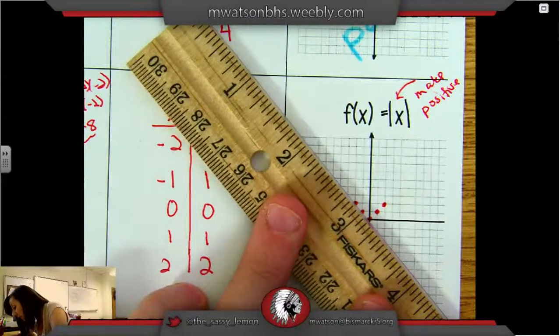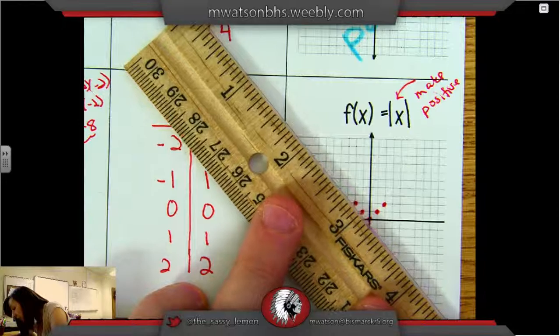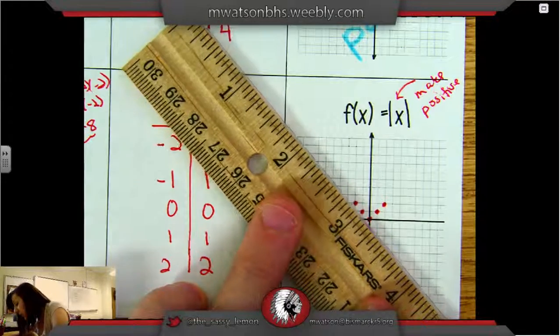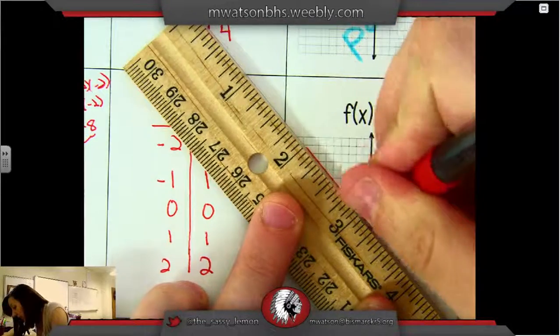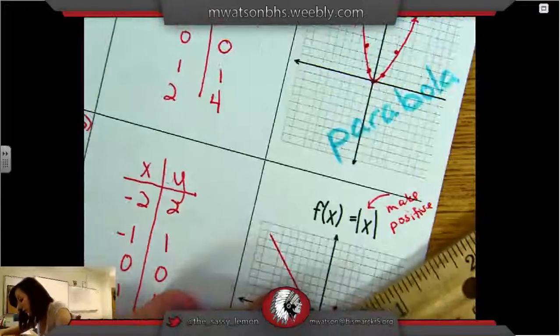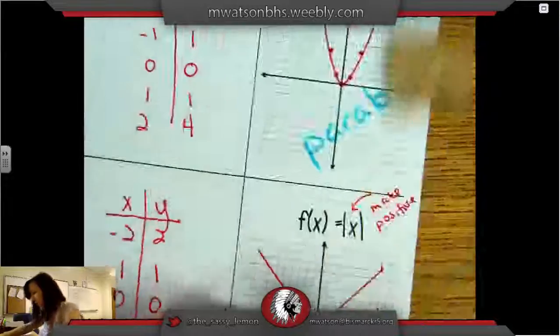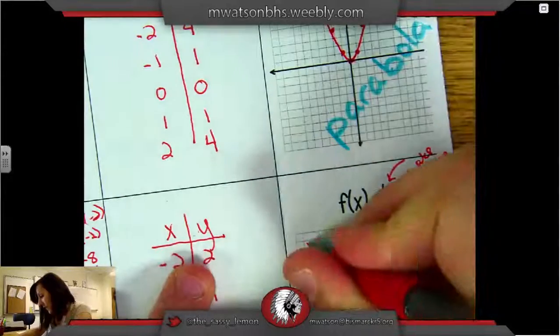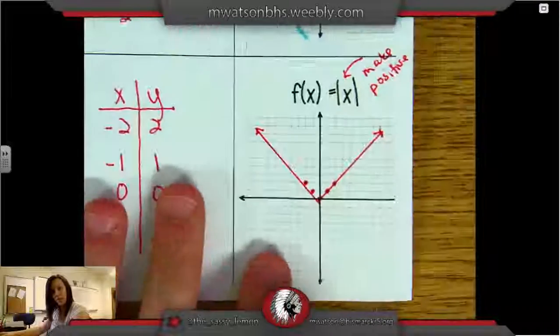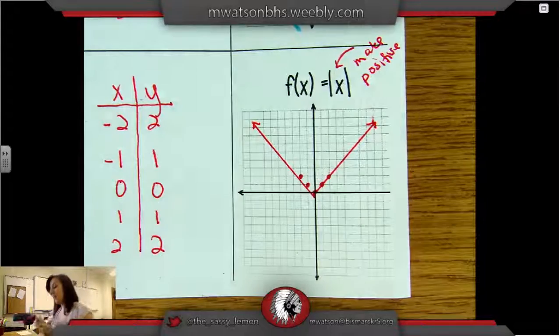So unlike the parabola, this is going to be pointy on the end. So that's how absolute value is easy, because it's a V shape. So that's what I'm going to write about that.